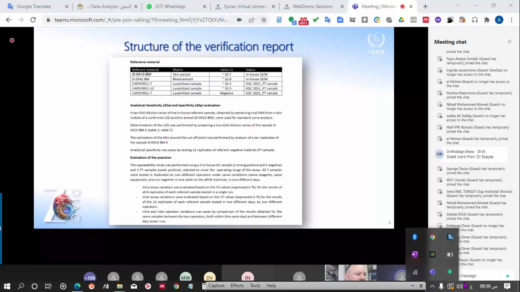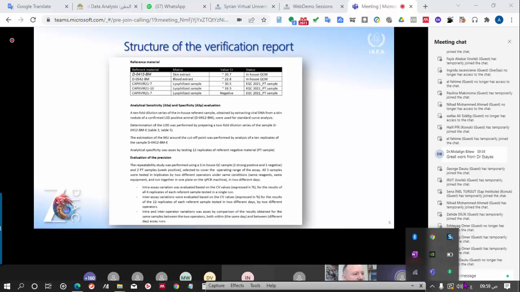Then you should describe the reference material you used in your study, and as you can see here, in this particular study there were 5 samples. If you remember from the previous presentation, this is the optimal number of samples needed to construct the repeatability sample panel. So we have 2 samples. The first 2 samples were in-house quality control material derived from clinical samples.